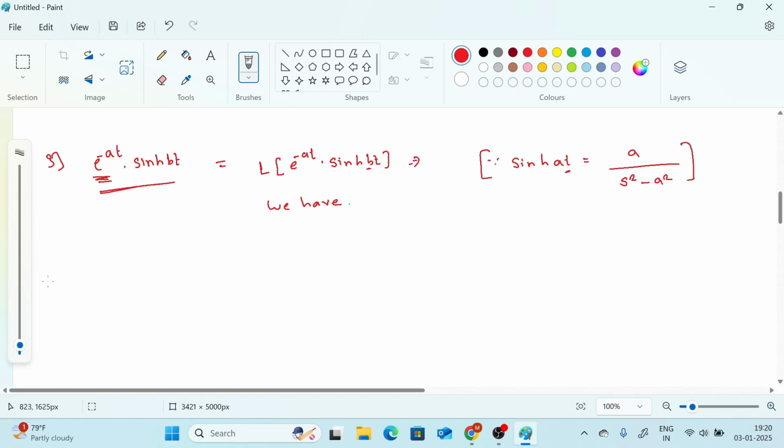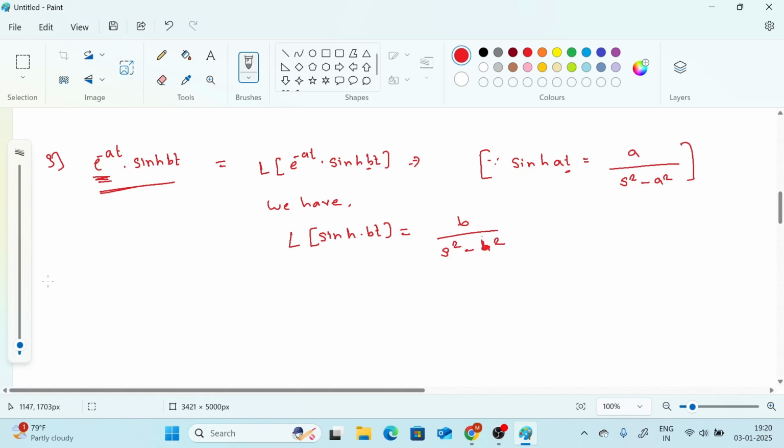Here we have b. We have Laplace of sine hyperbolic bt is b upon s square minus b square, right?